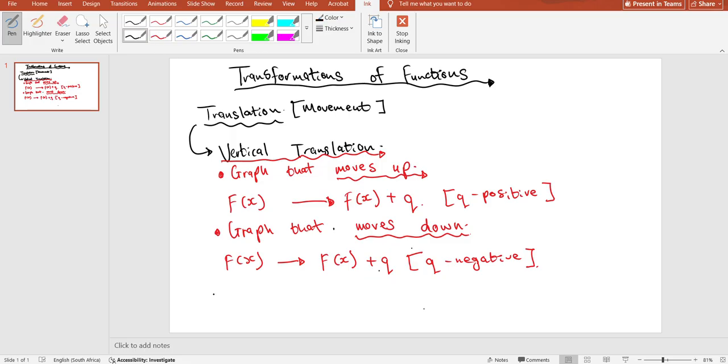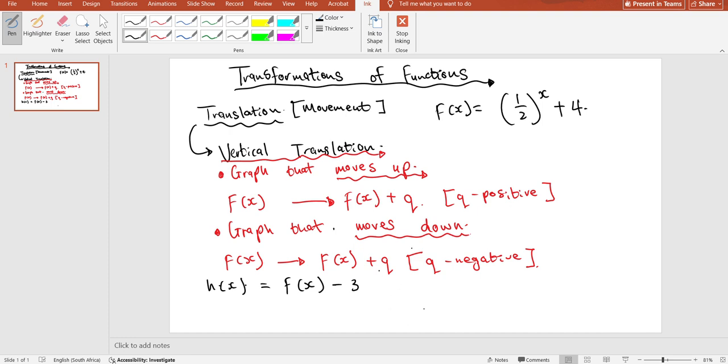But how do you find the new h of x graph? So let's say h of x is equal to f of x minus 3. Let's take a different graph for f of x this time. Let's take an exponential.